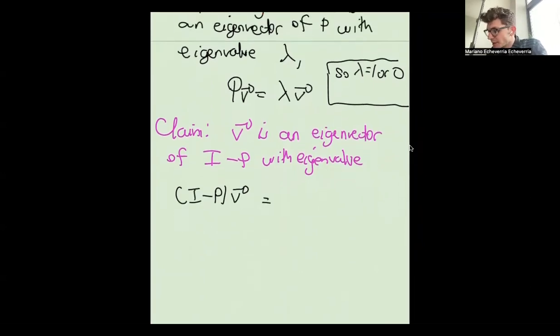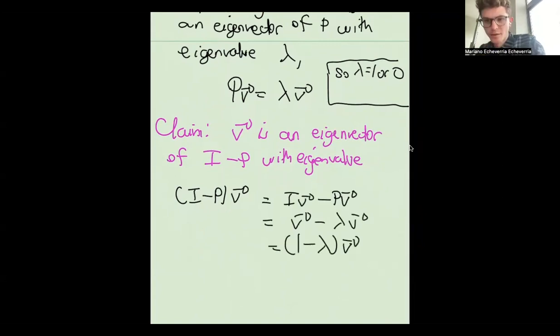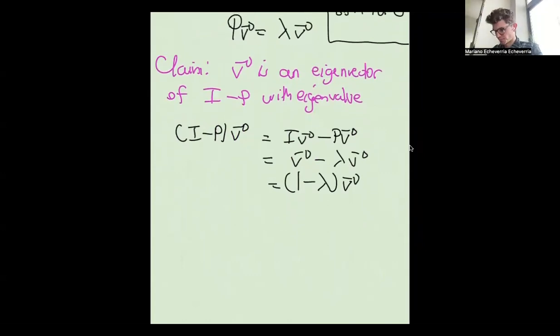So when you do I minus P times V, right, you get IV minus PV. What is IV? That's just V because that's the identity. And then what is PV? That's lambda V. So that's 1 minus lambda times V. Is that making sense?